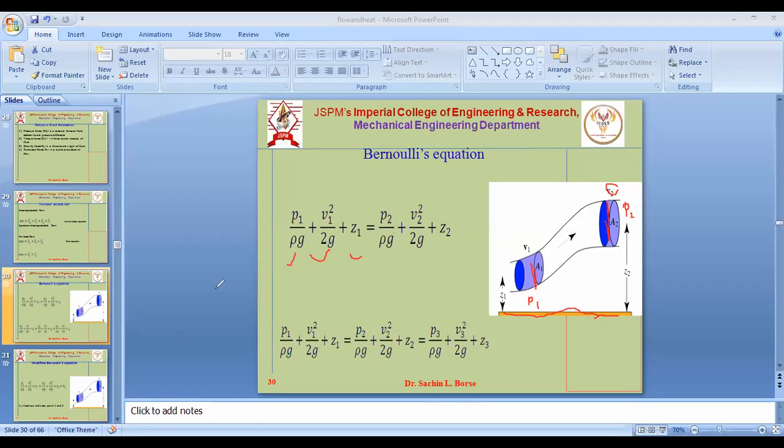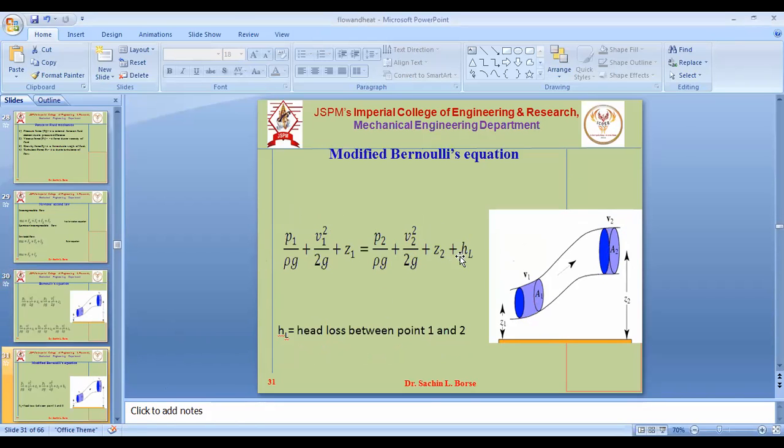So we have to account for this pressure loss. How do we account for it? By adding the head loss.